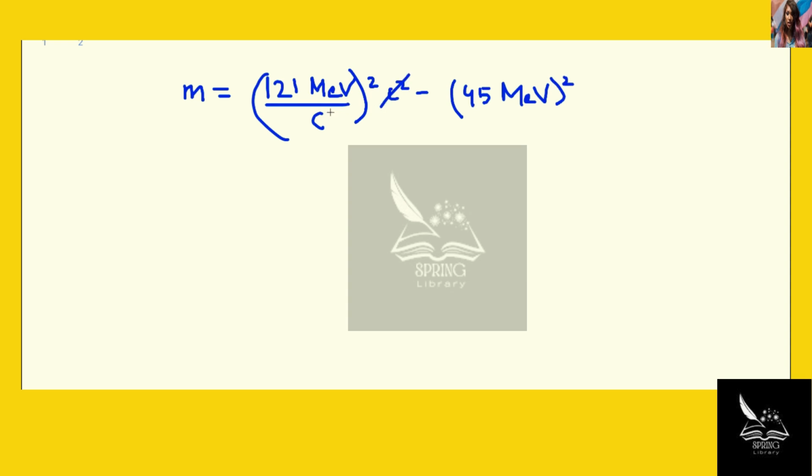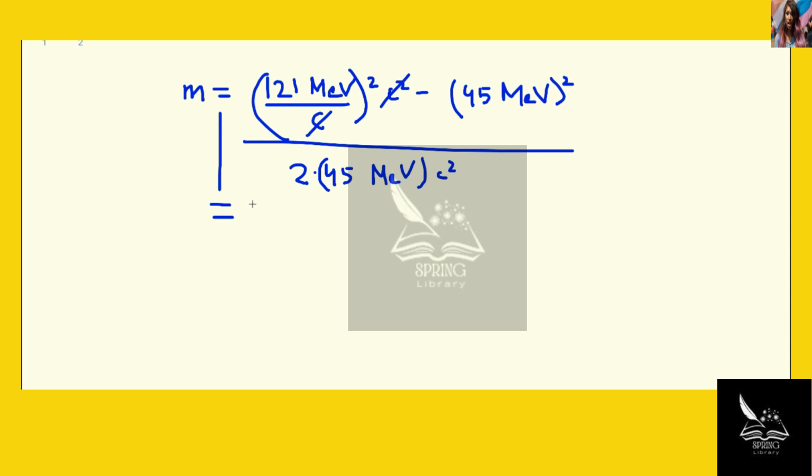Note that the c's here cancel, the c squared in the denominator and the c squared in the numerator, so you're left with MeV squared on the numerator of this whole thing. And on the denominator, you have 2 times, once again, kinetic energy, 45 MeV times c squared.